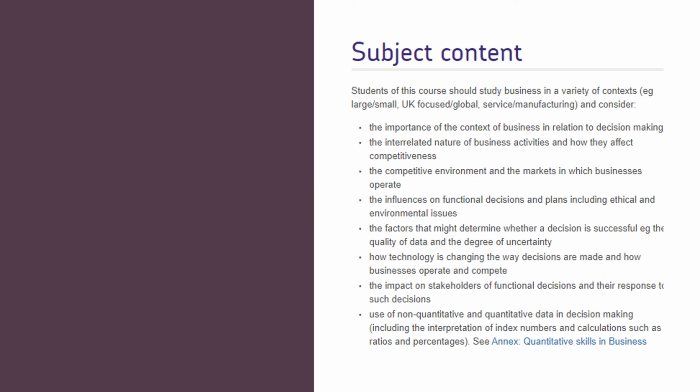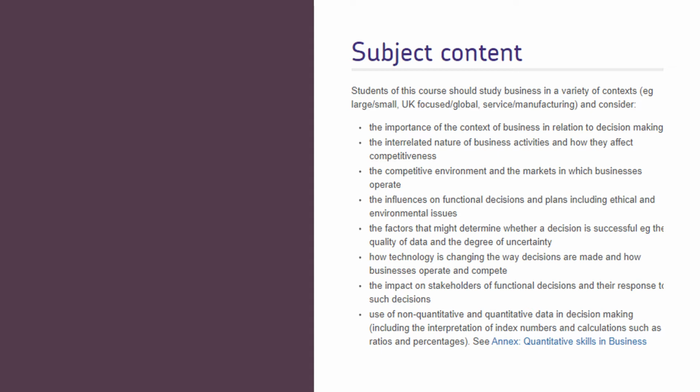This course is very content heavy, so students of this course should study business in different contexts. So we'll look at small and large businesses. Why would a larger business be more likely to receive a loan over a smaller business? We'll look at credit ratings. We'll look at how large businesses compete in different countries.